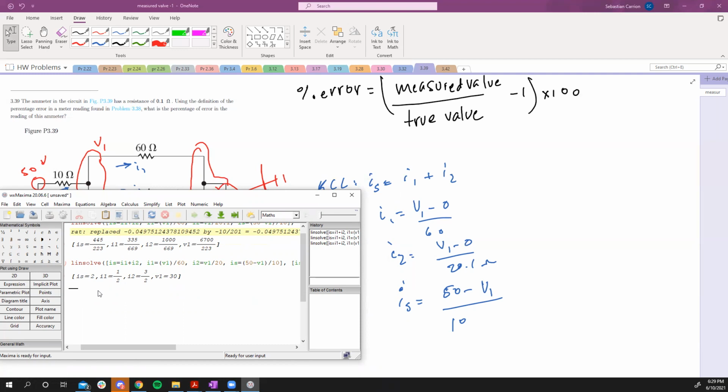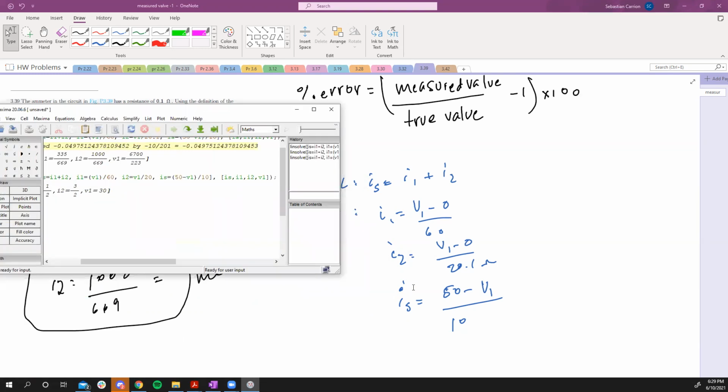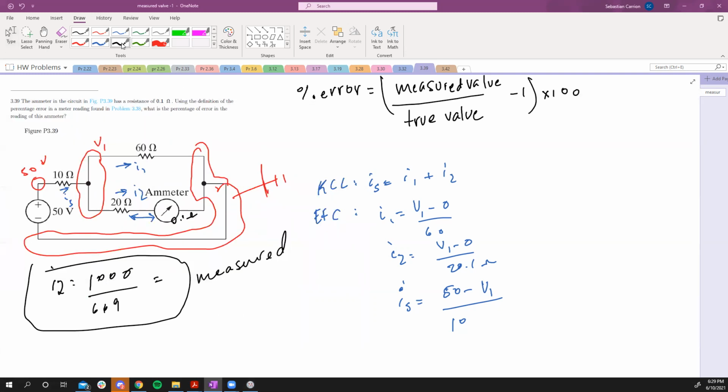Yeah, I2 is gonna be 1.5. So our true I2 would be 1.5 amps.